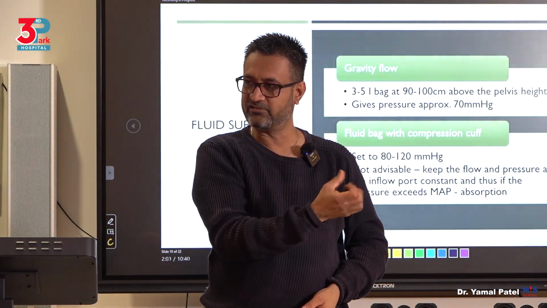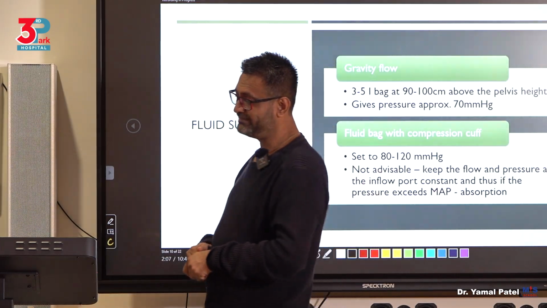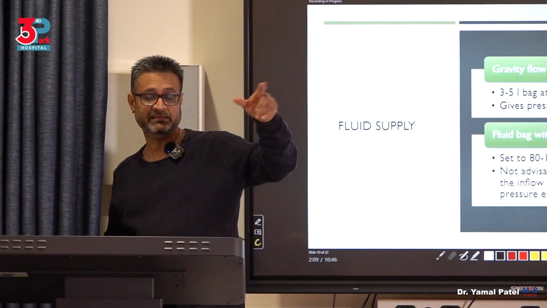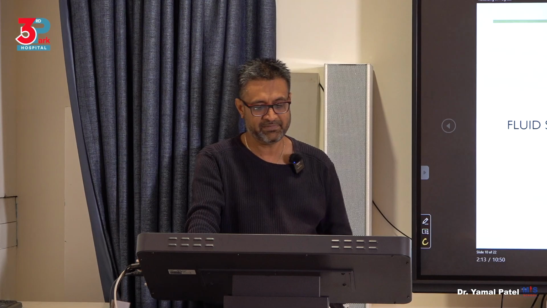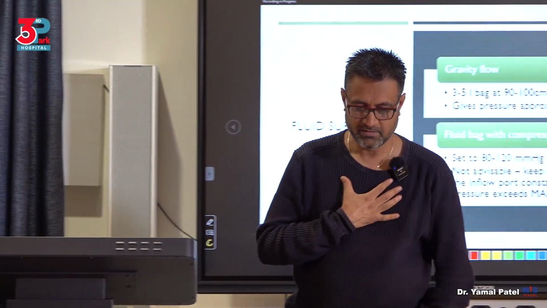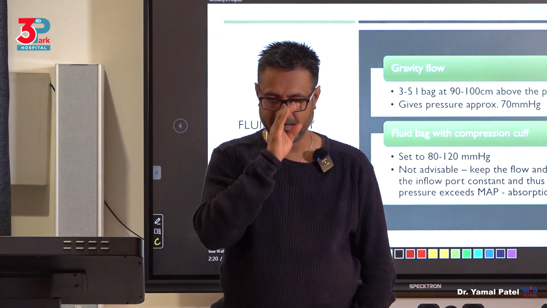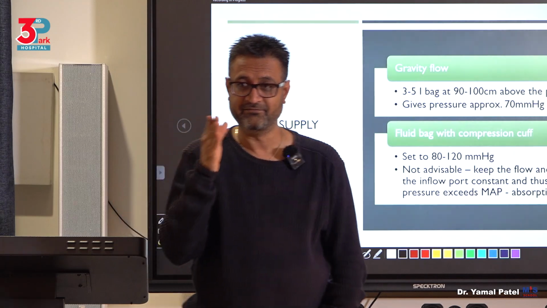This is compression pressure with the cuff. Understood? So if you set it at around 80 to 120, then it will give you that. But again, the problem is the kind of hysteroscopy work we do ideally should be what we call constant pressure, variable flow.